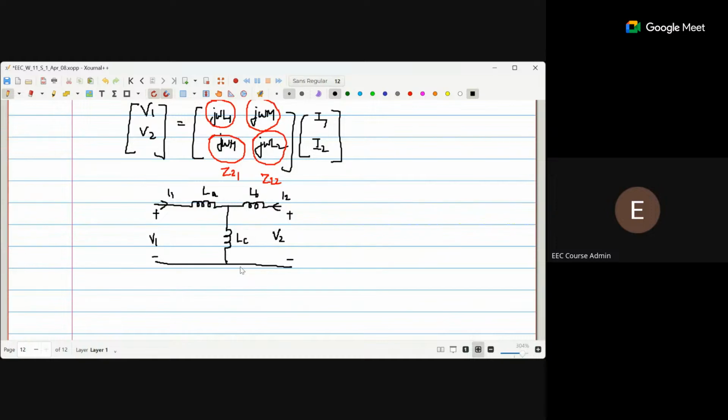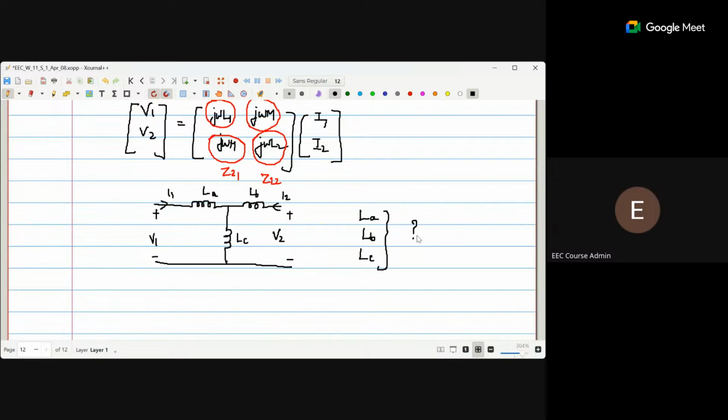The component values of that T network, I have chosen to be LA here, LB here, LC here. So now you have to find out the values of LA, LB and LC. How to do that? The fundamental idea we also mentioned in the last class.